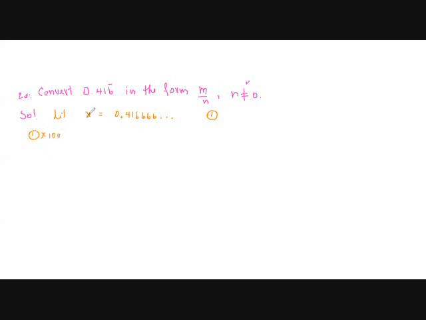This is 100x equal to, when you times 100 here, these 2 digits are removed, so it becomes 41.666 dot so on. This becomes equation 2.